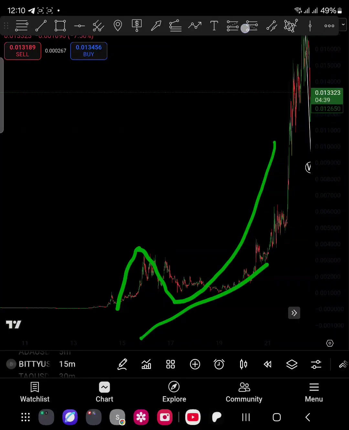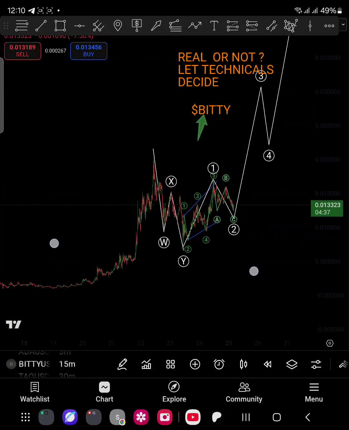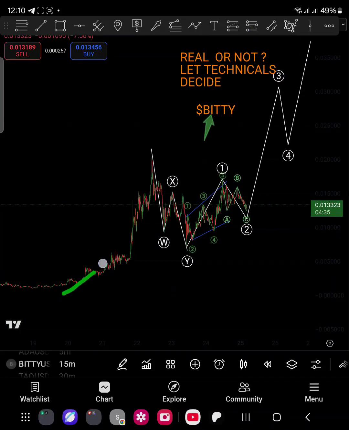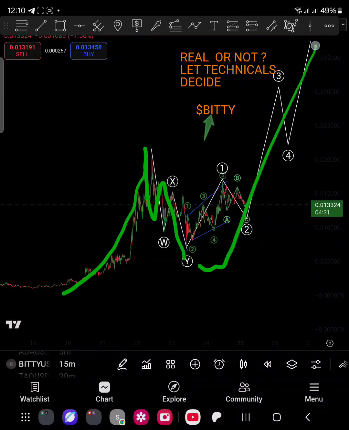The same thing is likely to repeat itself right here, whereby we have an impulse, gave us a 1 2 3, and then we are expecting a move to the upside. As simple as that. So we are expecting continuation on Betty, and in my own opinion, this could be the real Betty, the one by Siggy, the one by Crypto Gains.